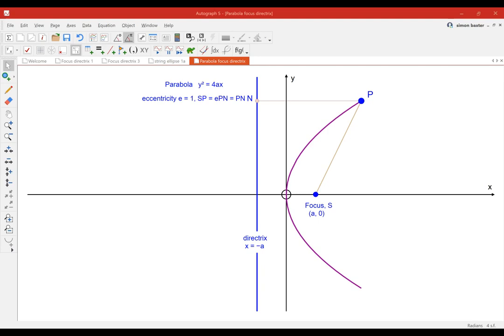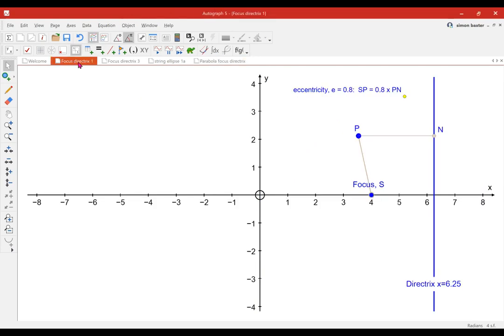But what happens if we vary e? First of all, let's look at what happens if we take e less than 1. In this, I've taken e as 0.8. And so the distance SP is now 0.8 times PN. But if you look at that, that looks quite reasonable. What happens if I move P around now?